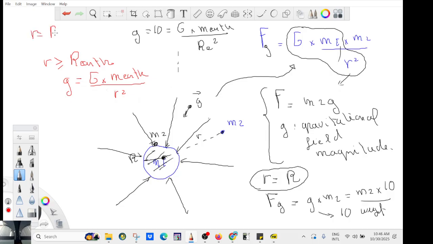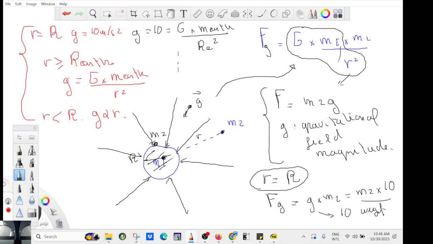If r equals the radius of the Earth, g is just equal to 10 meters per second squared. And if you are inside the Earth, then we can show that g will be proportional to r. So it's not inverse anymore. We're going to worry about that in one of the assignments or pop quizzes. So that's just a parenthesis.